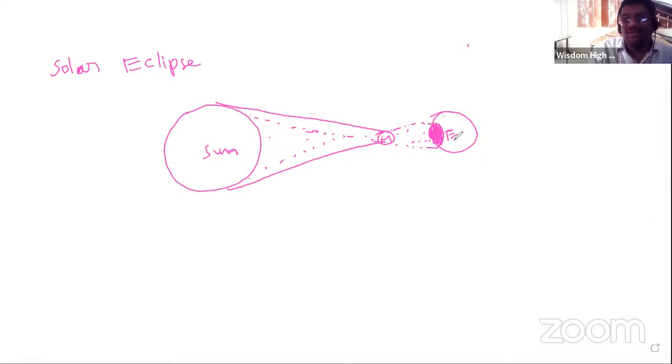So for them, a complete solar eclipse can occur. The people living in this region can see a portion of the sun. They can't see the complete sun, so for them a partial solar eclipse can occur.